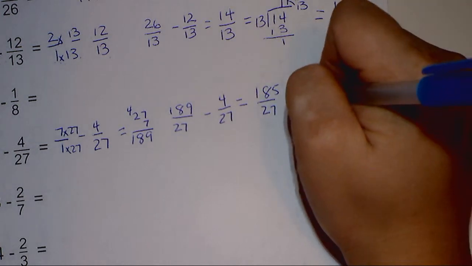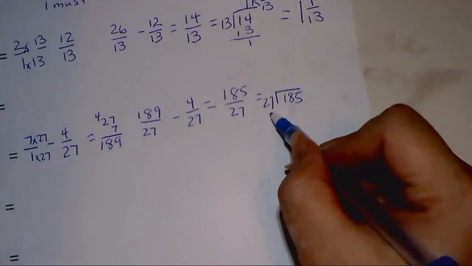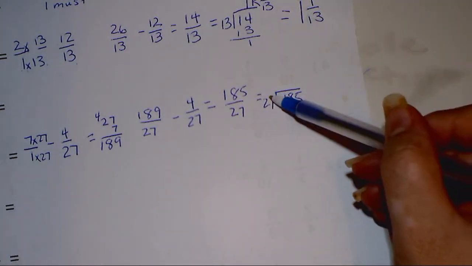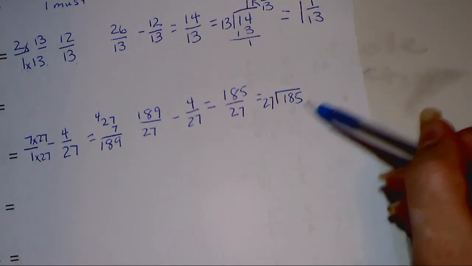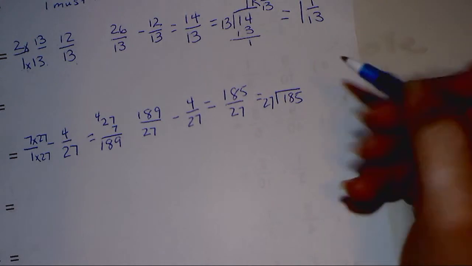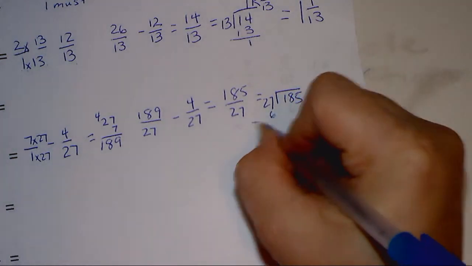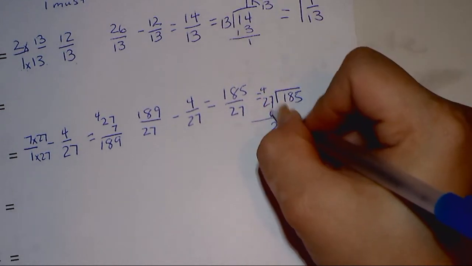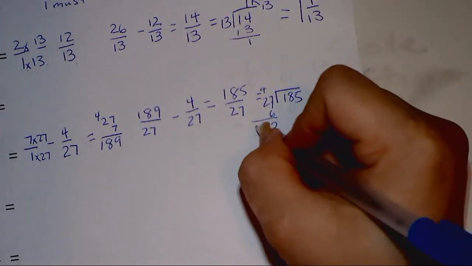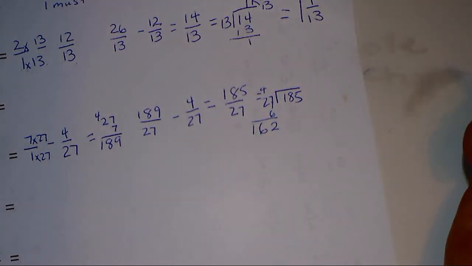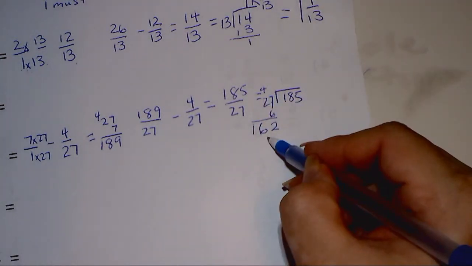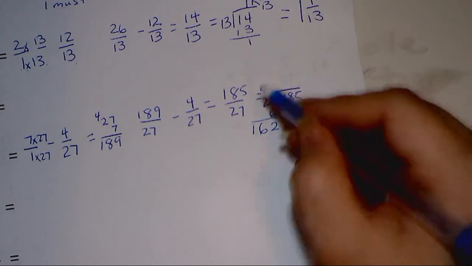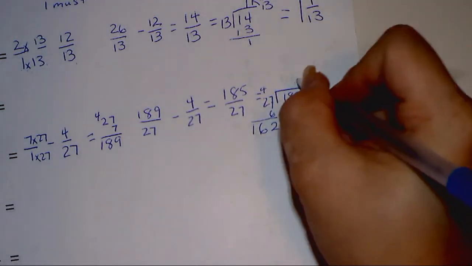And so then I just do my division. 185 divided by 27. This is where estimation will help you a lot. This is almost 30. And 30 can fit into almost 180, maybe 6 times. So I'm going to start off with 6. 7 times 6 is 42. 6 times 2 is 12, plus 4 is 16. I know that if I add 30 to this, it would be over 185, so I don't need to try more.